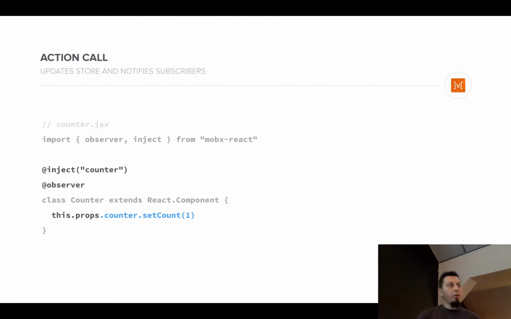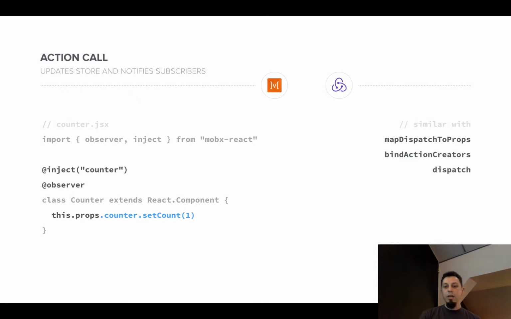How do you call an action? It's just available on the store. You just call it like any other method: this.props.counter, the name of the method, and you just pass the value. In Redux, you would have to map your dispatch property to the props in order to make them available in your component, and then bind your action creators, and then dispatch some action that will get to the reducers.